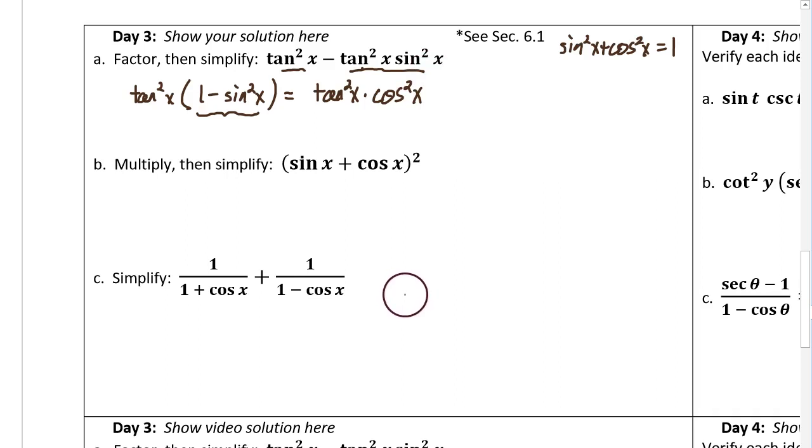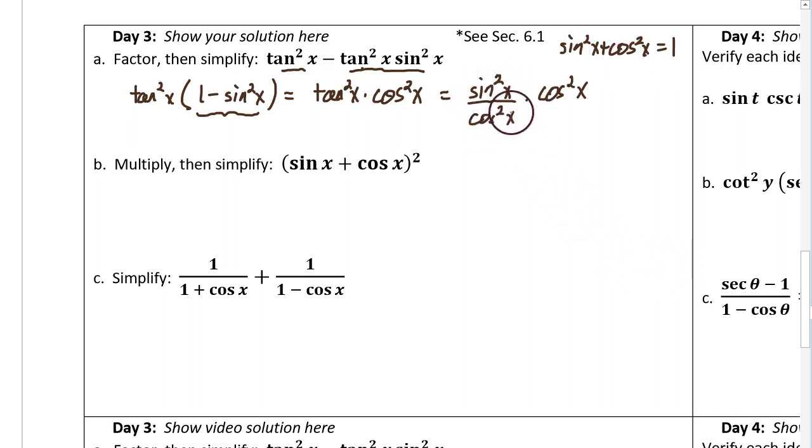Now we're not done yet. We can simplify farther. Let's use the technique from the other day where we replace the tangent function with an equivalent function that has sines and cosines in it. So tangent squared x is equivalent to sine squared x over cosine squared x. And then here's our times cosine squared x.